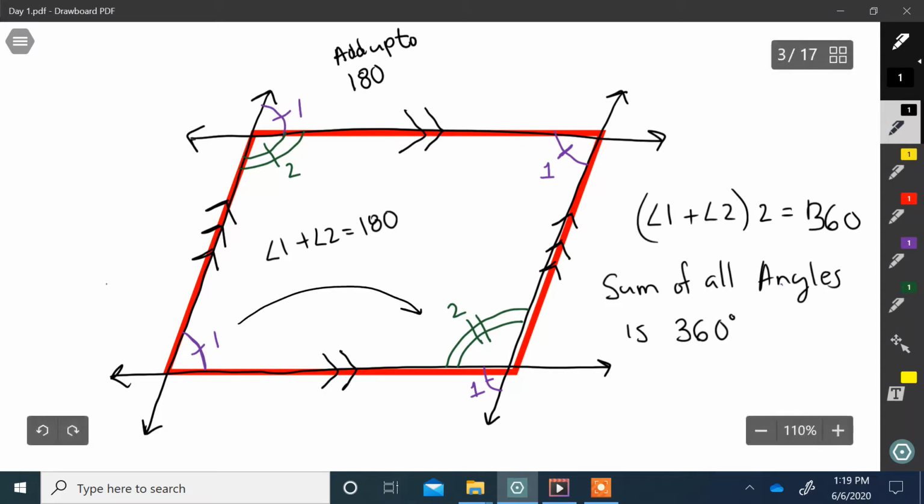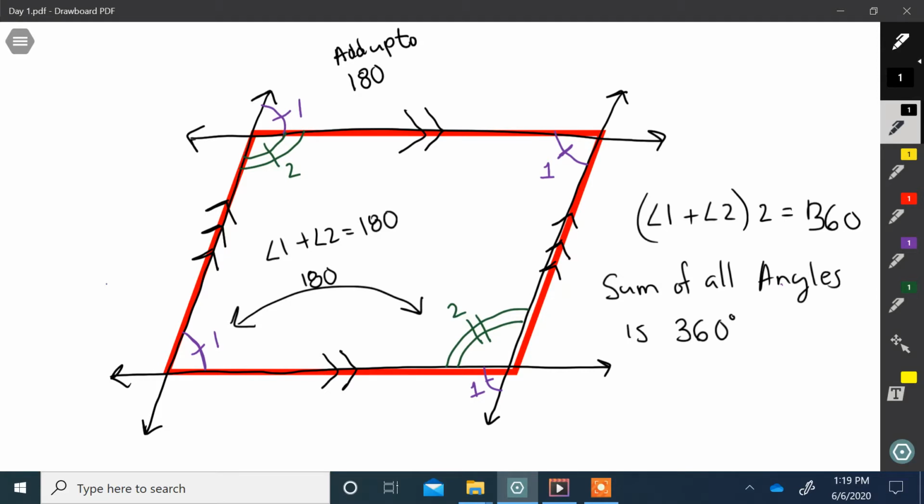This plus this should add up to 180, but if you add all the angles, it's going to add up to 360 degrees. Why do we need that? Well, it's going to help us solve some problems that we're going to have in here.